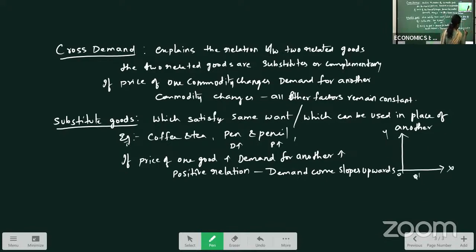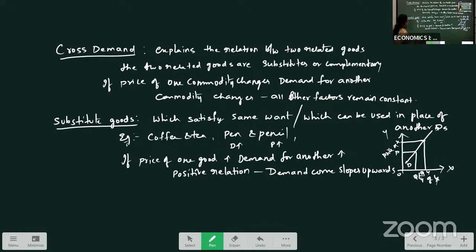Here, we can take quantity of X, price of X and quantity of Y. If the price of X increases, demand for Y also increases. So there is an upward sloping demand curve for substitutes.